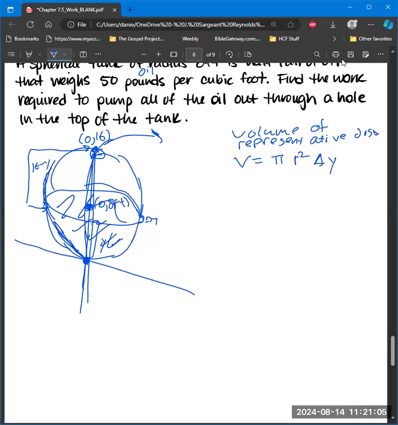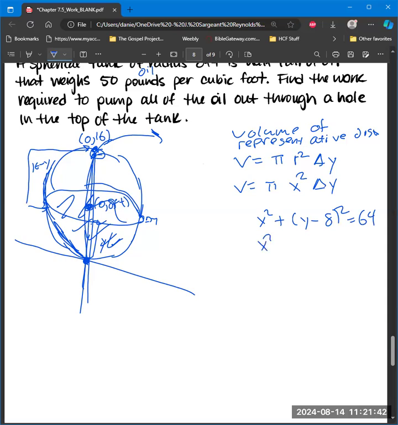So my r squared is going to be x squared, where x squared plus (y minus 8) squared equals 64, since I'm on a sphere.